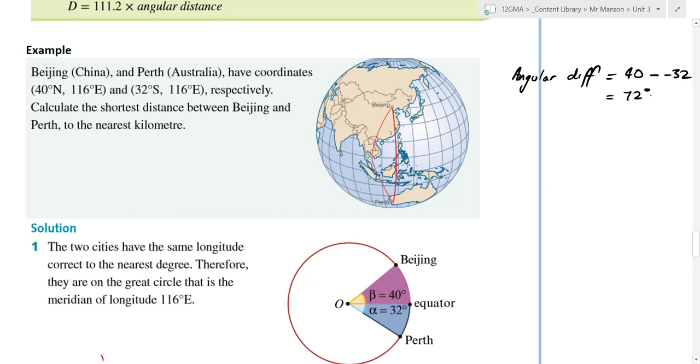That's 72 degrees, and therefore the distance is equal to 72 times what? 111.2, and anyone? 7,000. Oh, 8,006. Wow. 0.4 kilometres.